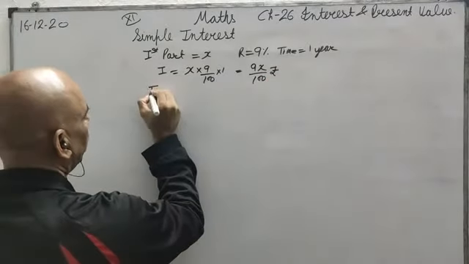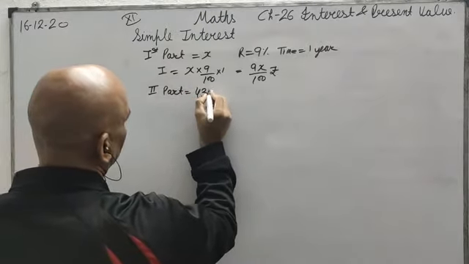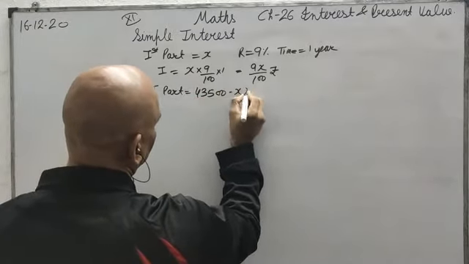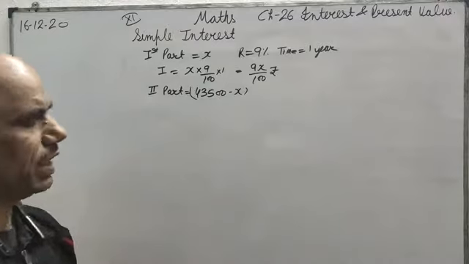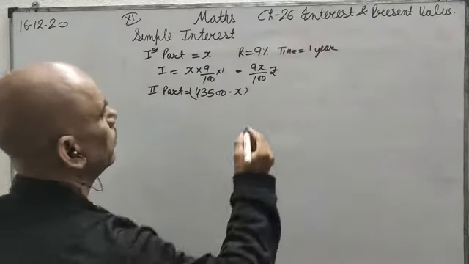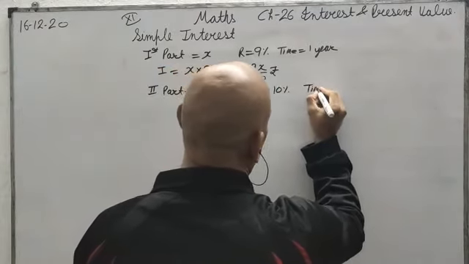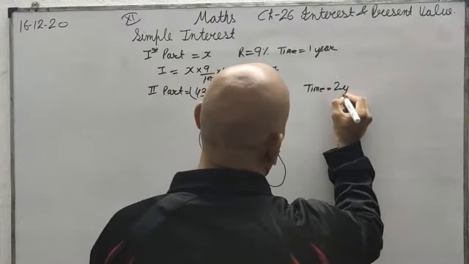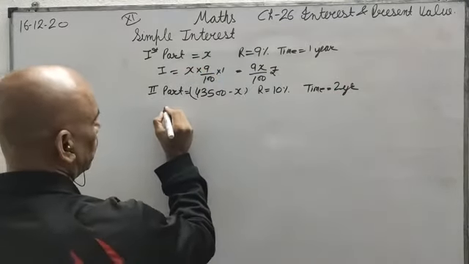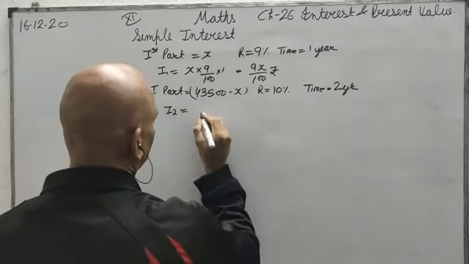So the second part will be 43,500 minus X, because the first part has been taken out. And for the second part, the rate is 10% and the time is 2 years. So we got interest. This we are calling interest 1. This we are calling interest 2.